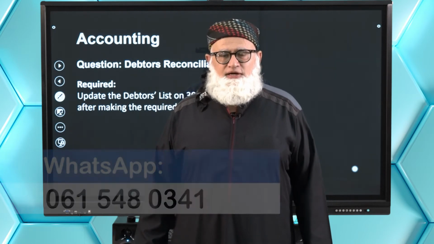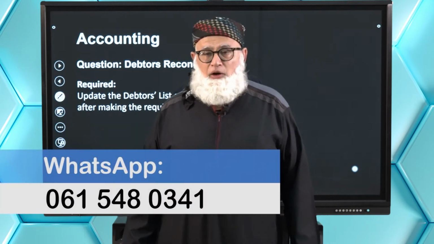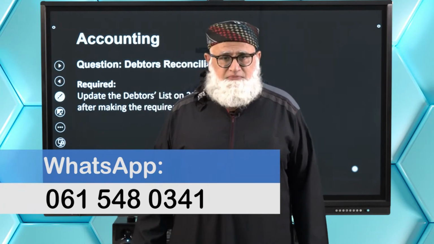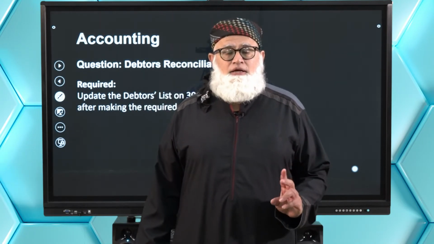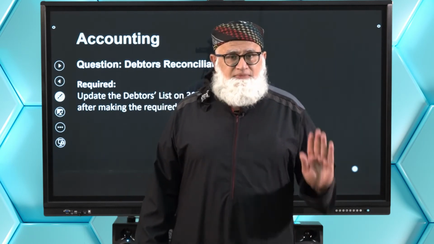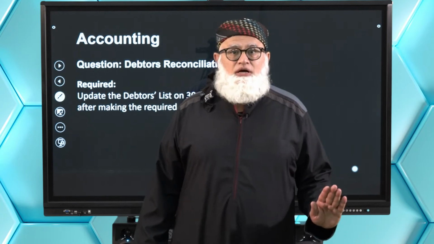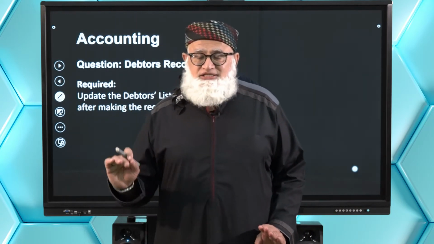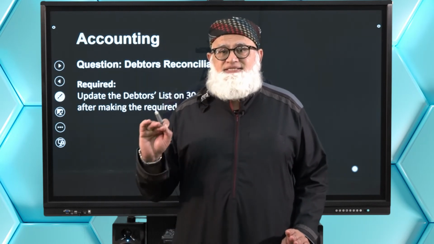Welcome back, accounting boffins. Remember, our destination is the debtors reconciliation statement. What are we reconciling? We are reconciling the debtors control account as it appears in my debtors ledger with my debtors list as it is extracted from my debtors ledger.